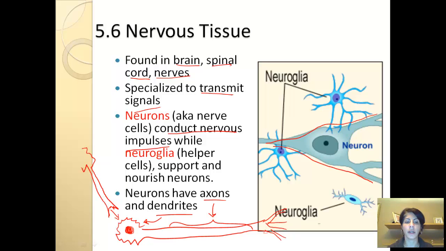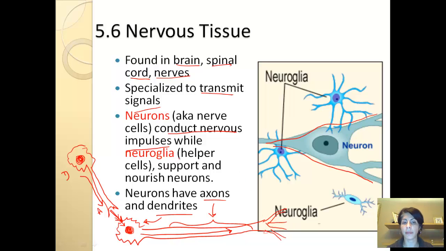If one neuron is talking to another neuron, what you end up having is a transmission of the impulse going down from the dendrites to the axon, down the axon, and then that impulse jumps basically an opening and moves on to the next set of dendrites in the next neuron, and so on and so forth. So that electrical signal just keeps moving down.